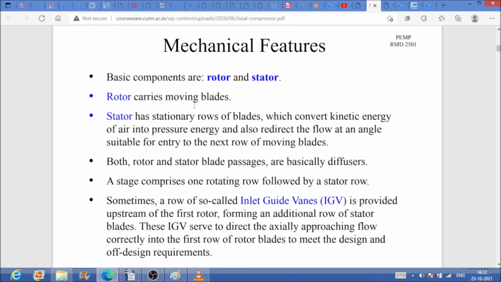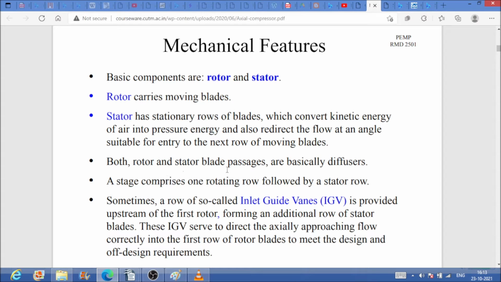Rotor carries moving blades and stator has stationary rows of blades which convert the kinetic energy of air into pressure energy. It is the duty of the stator to increase the pressure energy, and it also redirects the flow at an angle suitable for entry to the next row of moving blades.